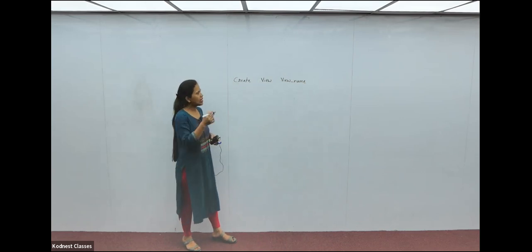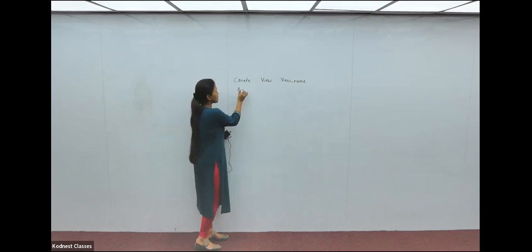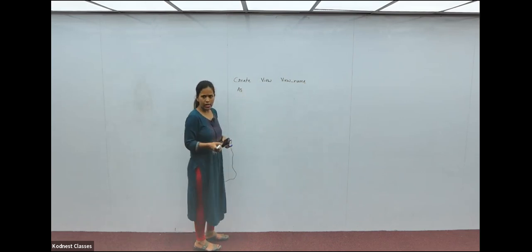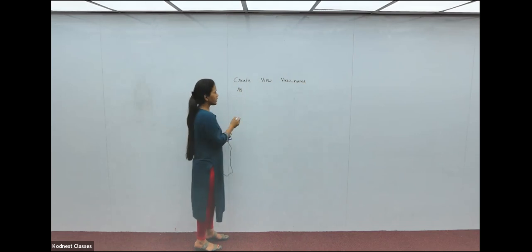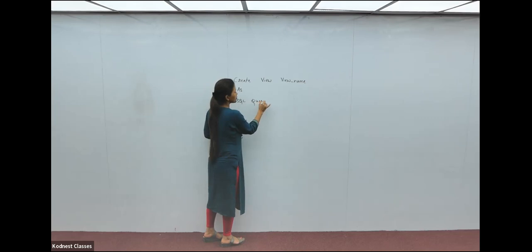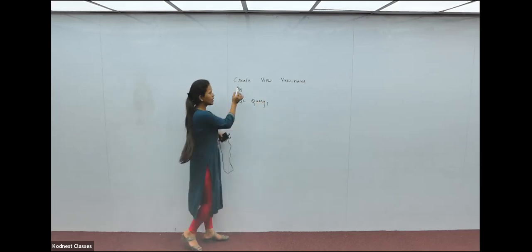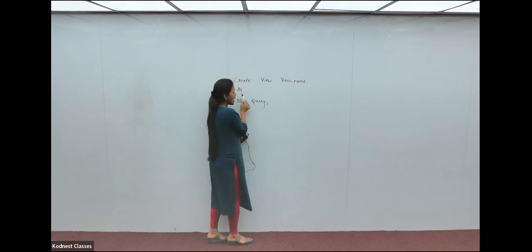You will tell create view name as, and how this particular view should be created, that SQL query you give here. Everyone got this? You will tell create view name as SQL query.